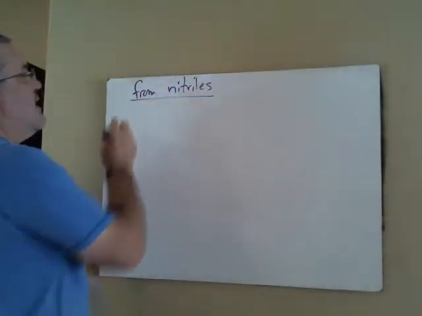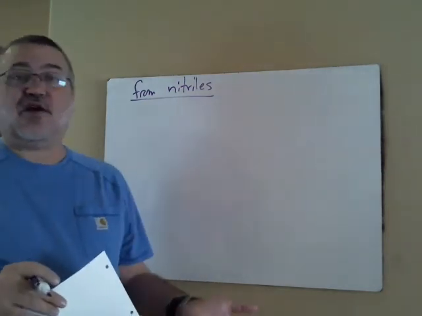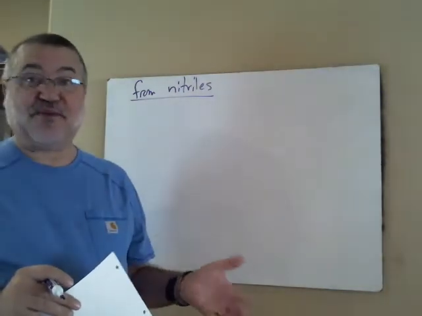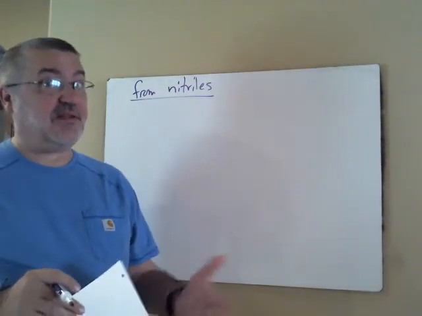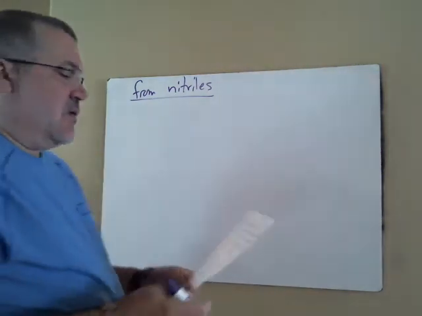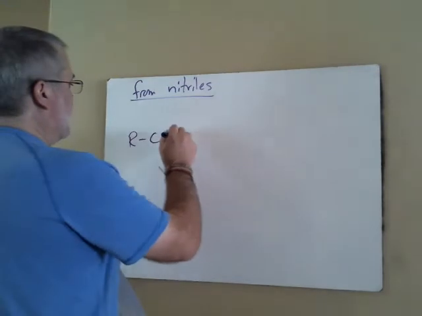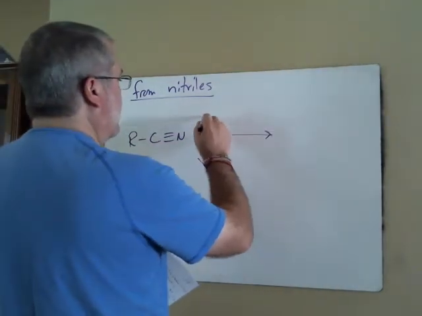We will see the nitriles are eventually going to be included in our category of carbonyl compounds, even though it doesn't have a C double bond O, because nitriles react in a very similar way to a carbonyl. So we can take a nitrile like this, and we can react it with a Grignard. I'm just going to use R prime.